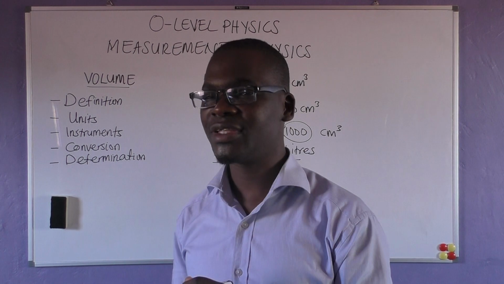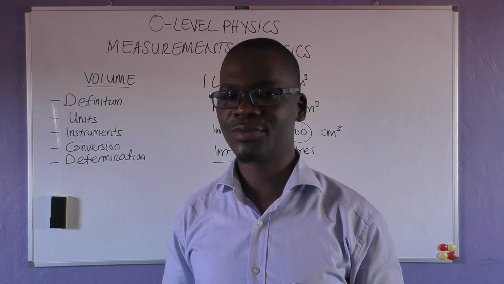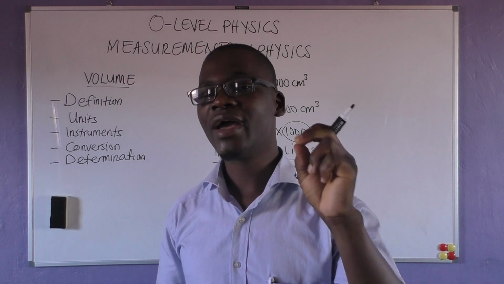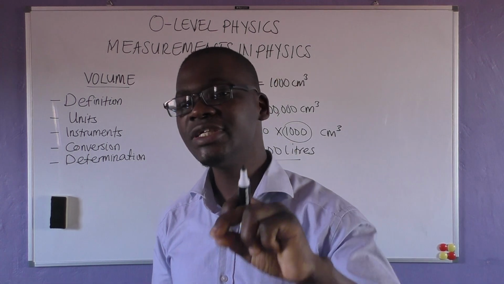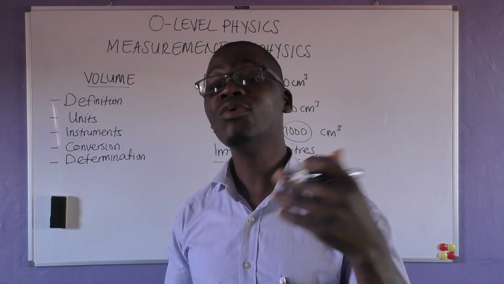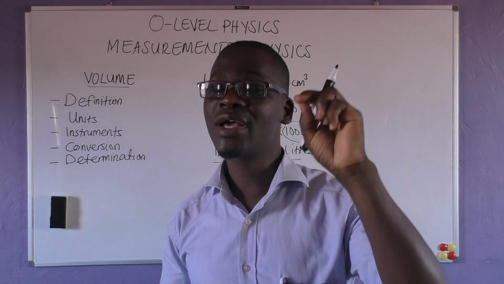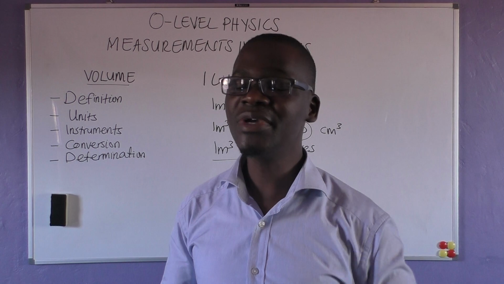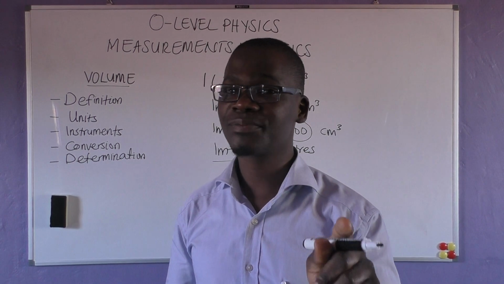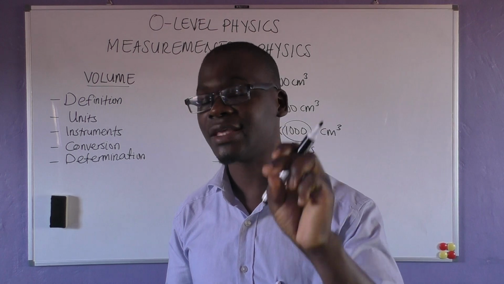Before I go to liquids, there is something I want to give you on irregular solids. Sometimes we have floating objects, those that float on water, and therefore we cannot use the displacement method because they cannot sink. And in that case, we shall use what we call a sinker.